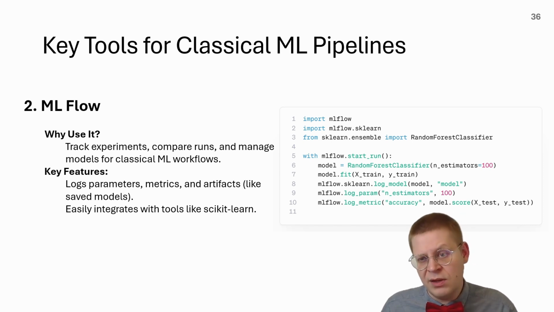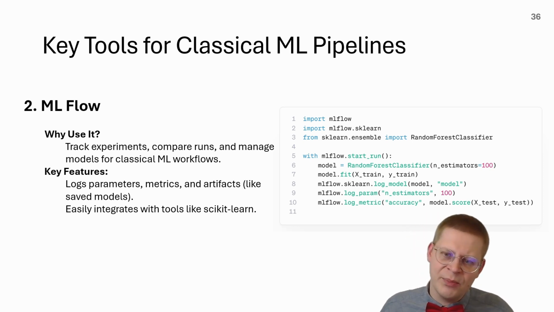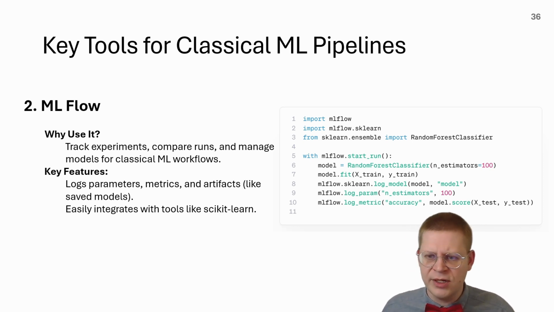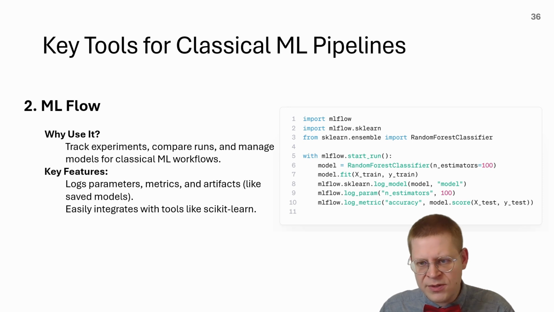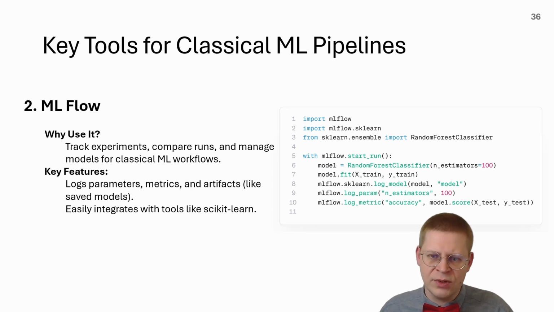Why use it? Well, because in a real project, you'll do countless experiments. You will tweak parameters, switch models, or try different data preprocessing steps. MLflow keeps all these runs organized, so you can compare results side by side and easily revert to a successful model version when needed.